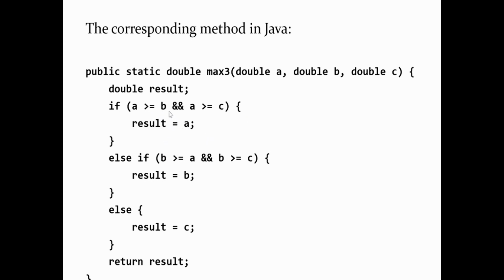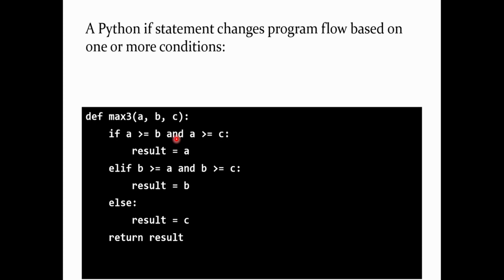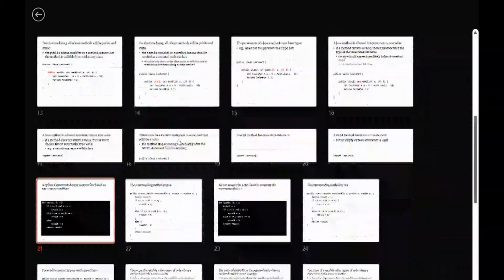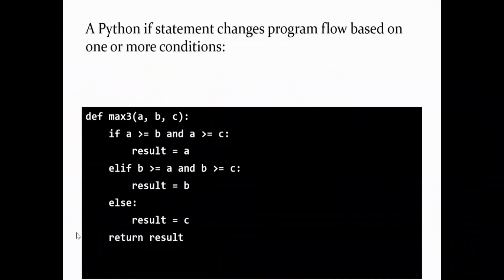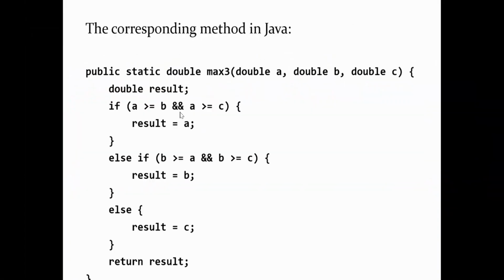Now, a lot of the operators are the same. So greater than, equal to, less than are similar in the two languages. What's not the same is and and or. Python spells out and. In Java, the and operator is the double ampersand.